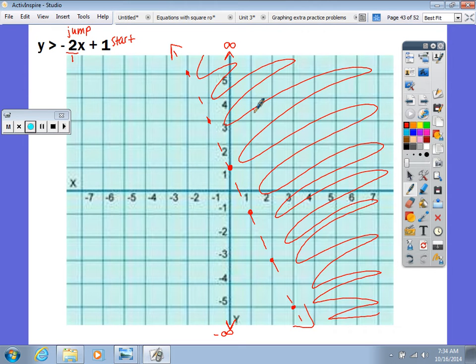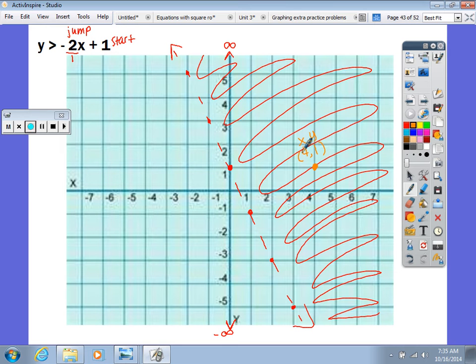Well, you just pick a point anywhere in the spot that you shaded. Let's go ahead and I'm going to pick the point 4, 1. Okay? So my point is going to be 4, 1. Now, why is this important? Because I can plug this point into my equation, and as long as it's a true statement, that means that I shaded the correct side.